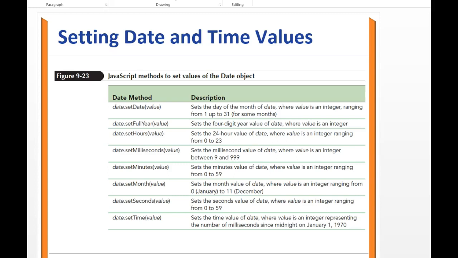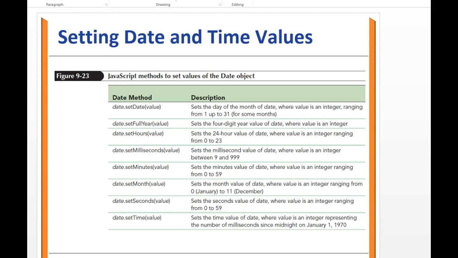JavaScript also supports methods to change the date stored with a date object. Changing the date is often used in programs that involve setting the value of a future date or time, such as the expiration date for an online membership, or an online calendar that is used in creating events.